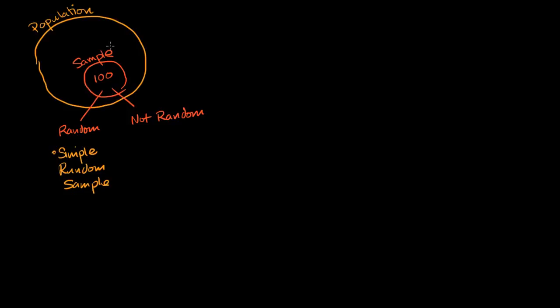We are just going into this whole population and randomly, let me just draw this. So if this is the population, we are just randomly picking people out, and we know it's random because a random number generator, or a string of numbers or something like that, is allowing us to pick these students. Now that's pretty good.